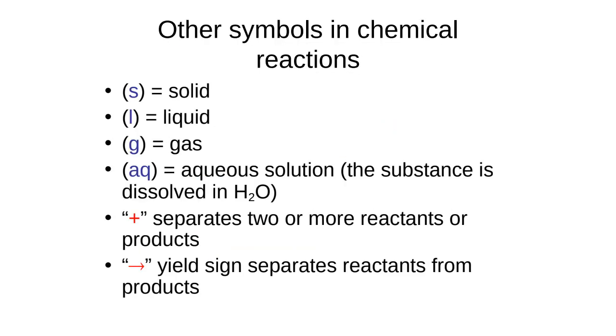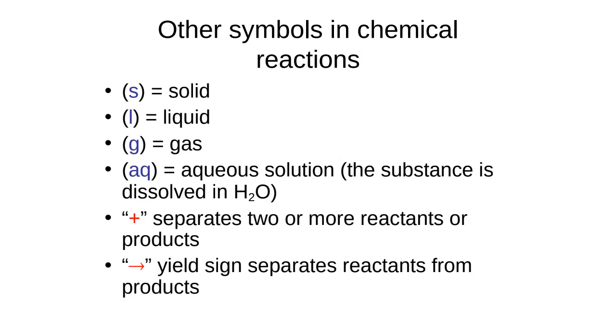So next thing is symbols that we use in chemical reactions. Okay, so these symbols that you see here, liquid, solid, and gases, are based on the state of matter. So the reactants may be solid, liquid, gases, or an aqueous solution, that is when solute is dissolved in H2O.